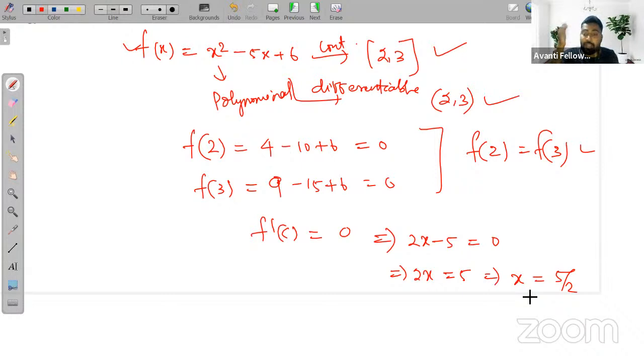The value of c is 5 by 2. So 5 by 2 is the point where the first derivative of the function is 0. I hope this is clear to all of you. Let's respond in the chat box if it is clear to all. Clear? Shall I move?